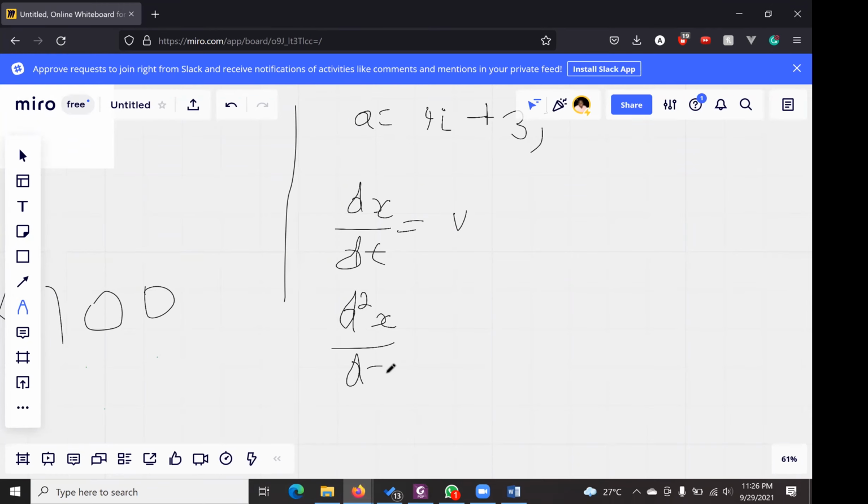Somebody tell me this quick. Second differential. Yeah, we're going there. Acceleration. Awesome.